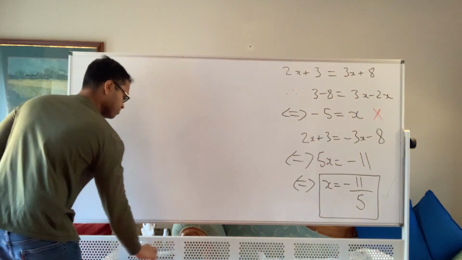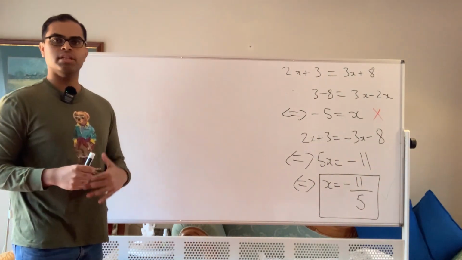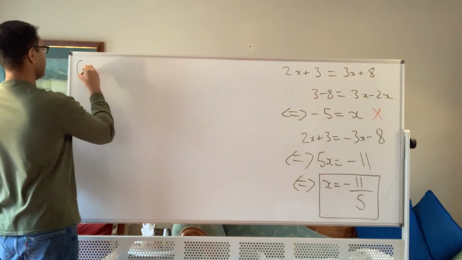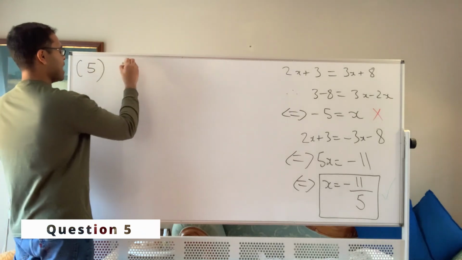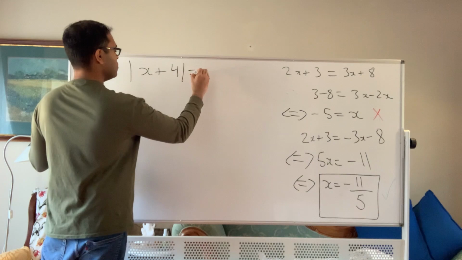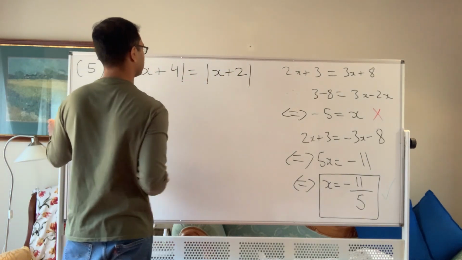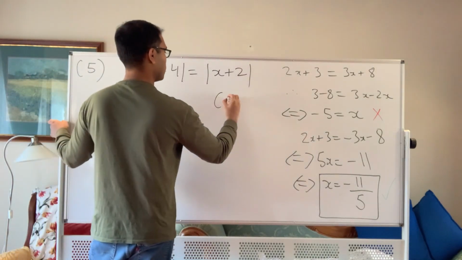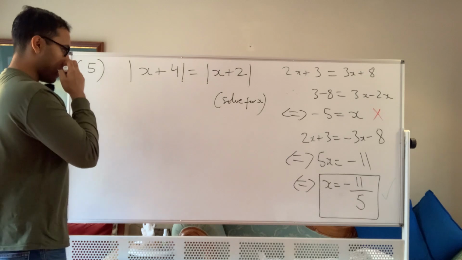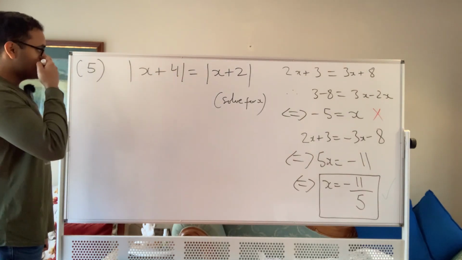So for the next question, I'm just going to amp up the difficulty one last time, and we're going to consider problem 5, which is that the absolute value of x plus 4 is equal to the absolute value of x plus 2. Solve for x.